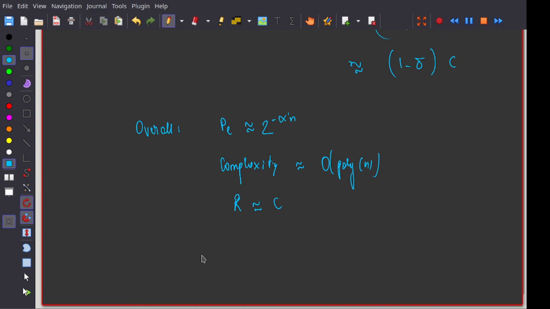Right. So this shows that, at least in principle, theoretically, it is possible to design codes which have polynomial decoding complexity, rates approaching capacity, and probability of error which decays exponentially in n.